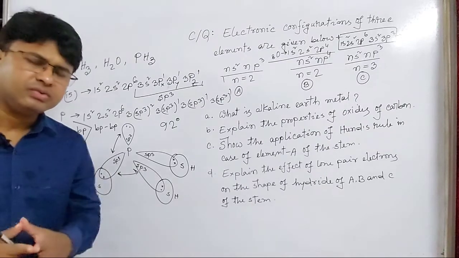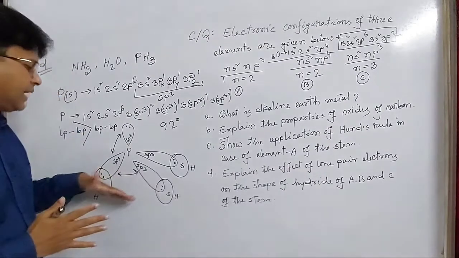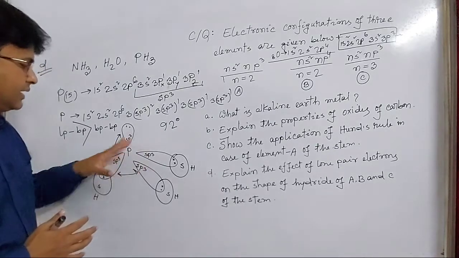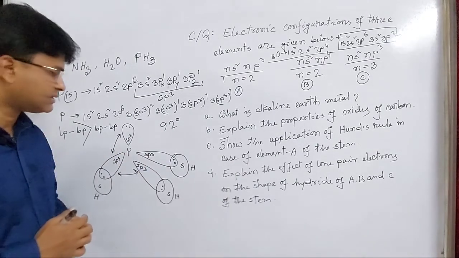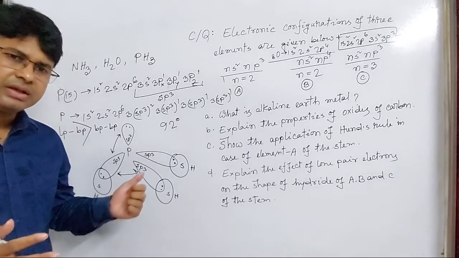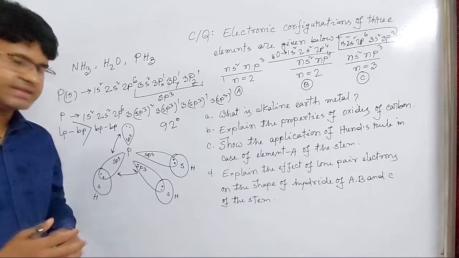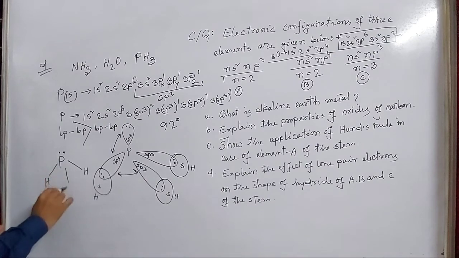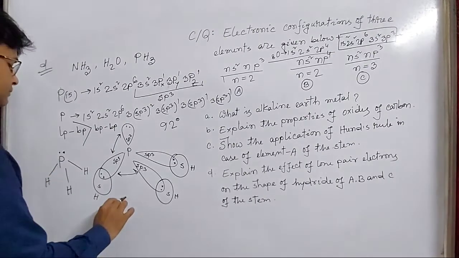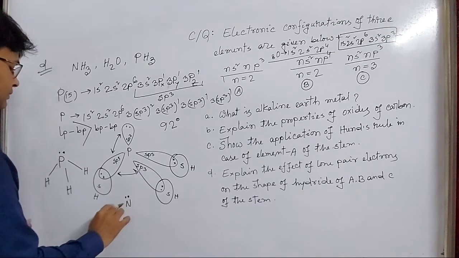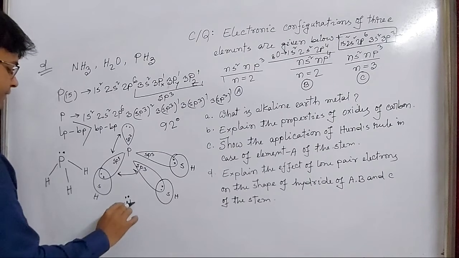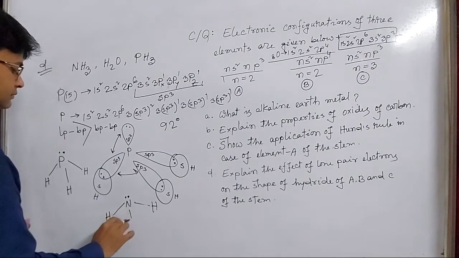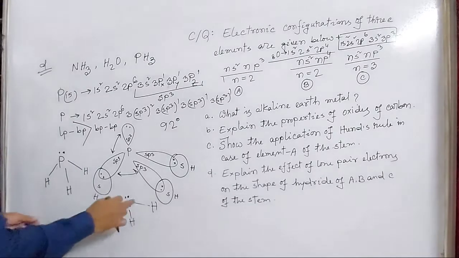Dear students, now you may ask me, sir, the hybridization and the arrangement of the bond pair and lone pair electrons of phosphine is similar to ammonia, but the bond angles are different. What is the reason? The main reason, atomic size of phosphorus is larger than nitrogen. So the electronegativity of phosphorus is lower than nitrogen.